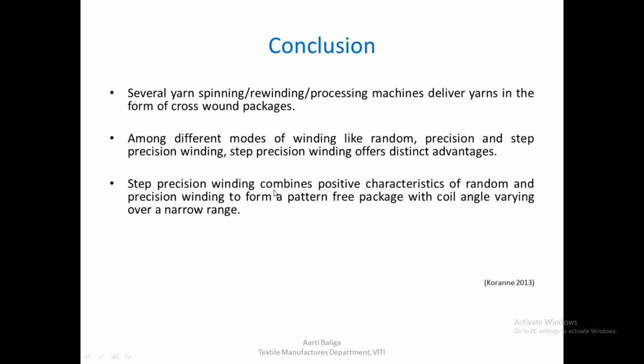Step precision winding combines the positive characteristics of random and precision winding to form a pattern free package with coil angle varying over a very narrow range. These statements have been picked up from a paper by Korane in 2013. The reference is given here.